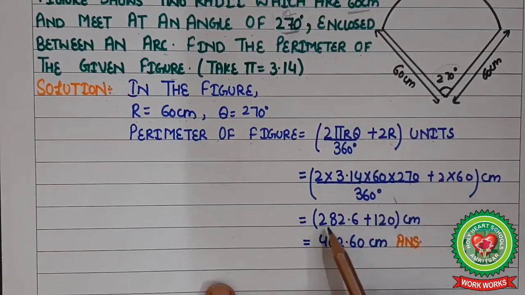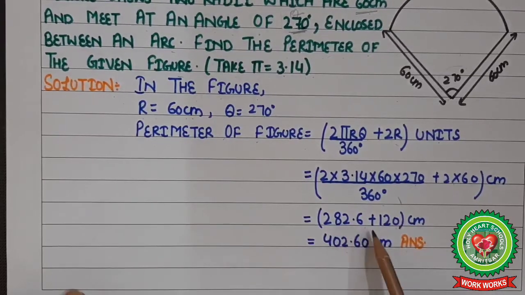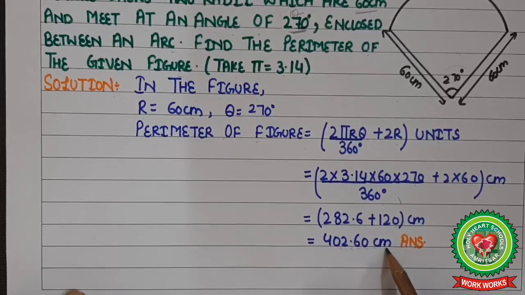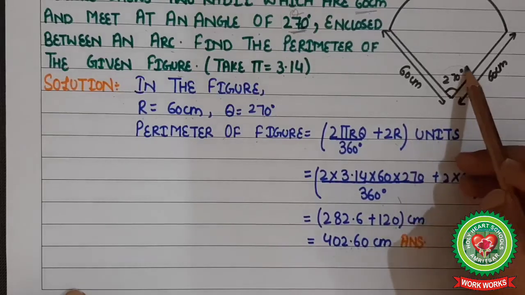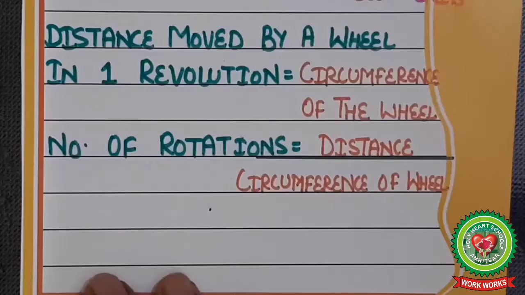So after cutting we will get 282.6 plus 120. So by adding these two, I will get 402.60 centimeter as the perimeter of the given figure.